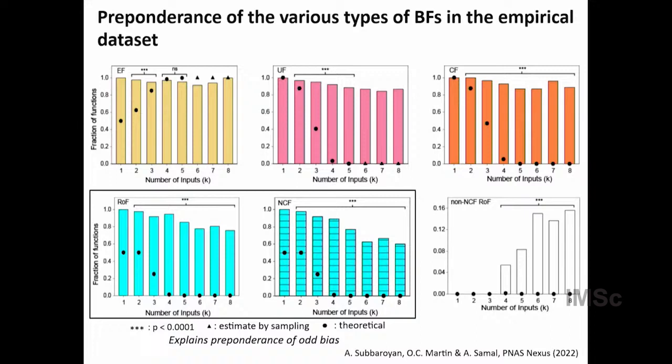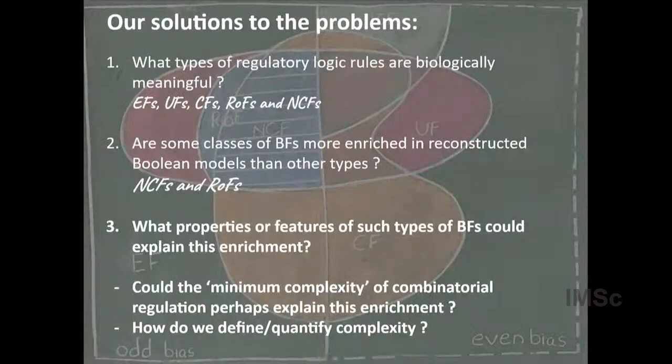And in fact, they are also relatively enriched, meaning that not only are they enriched in the space of all functions, but NCFs being a subset, say, of the CFs and UFs are also enriched within that smaller subspace. Right. And so we've answered the second question. Then, are there some classes which are more enriched than others? Yes, NCFs and ROFs.